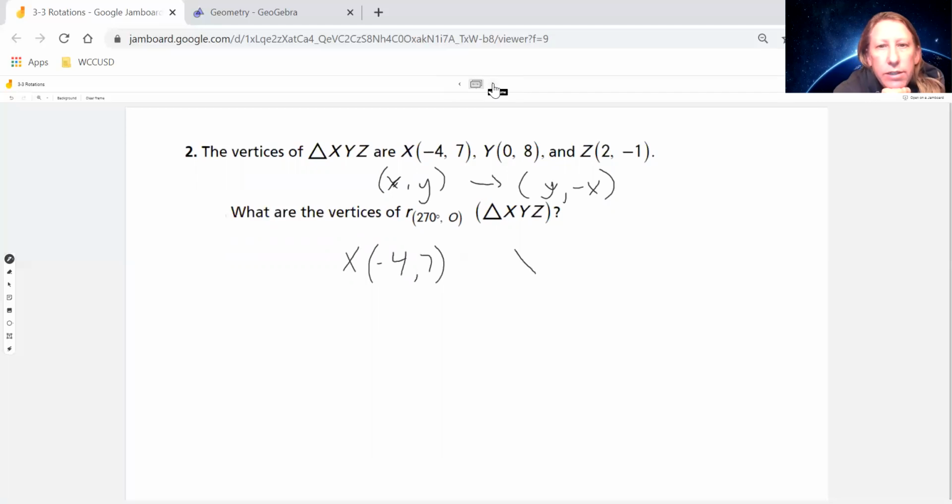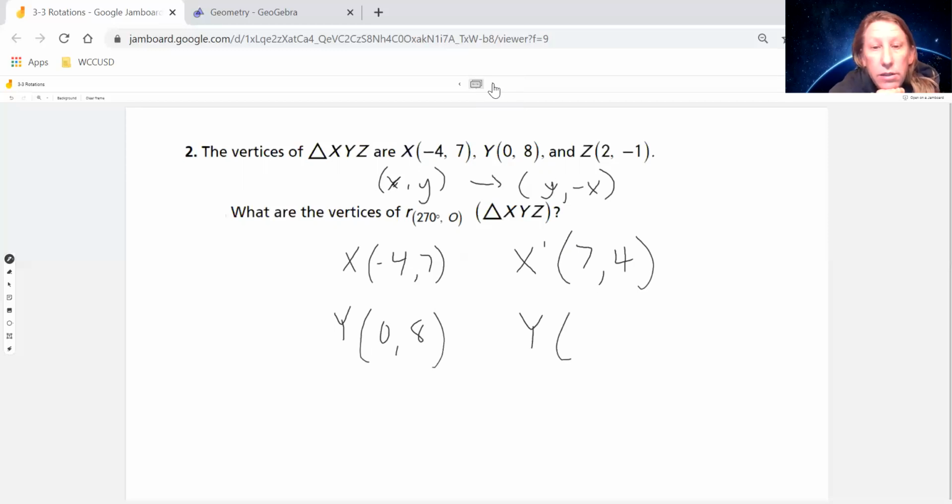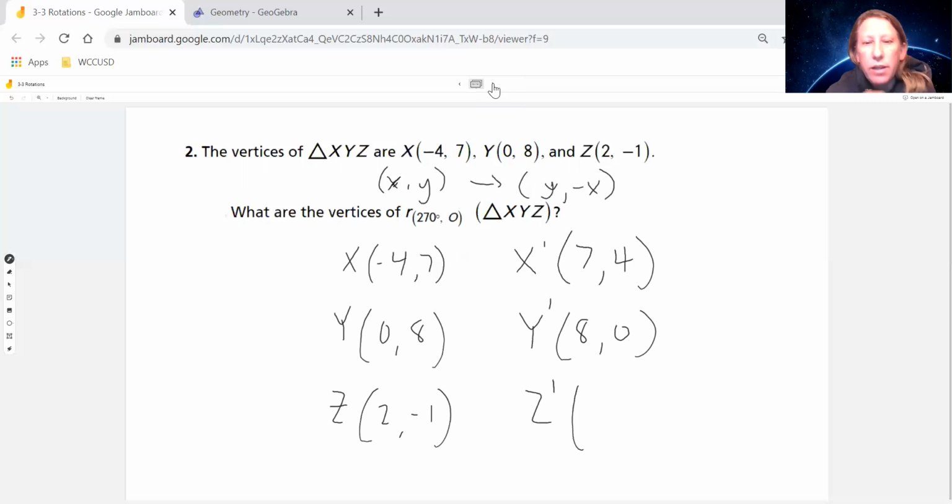Okay, so X prime is going to be (7, 4). Y is (0, 8). Y prime is going to land at (8, 0). Opposite of 0 is just 0. And Z is going to be (2, -1). Z prime, the image of Z, will be (-1, -2).